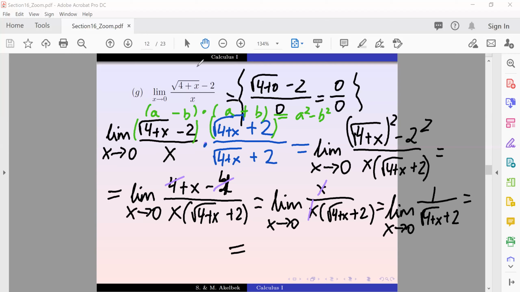So we have 1 over square root of 4 plus 0 plus 2. Square root of 4 is 2, plus 2. 1 over 2 plus 2, which is 1/4. Questions?